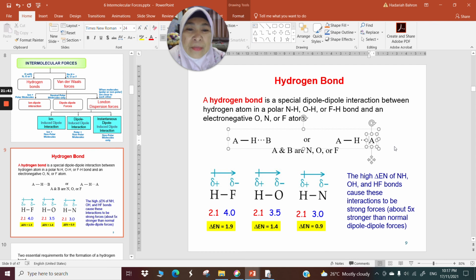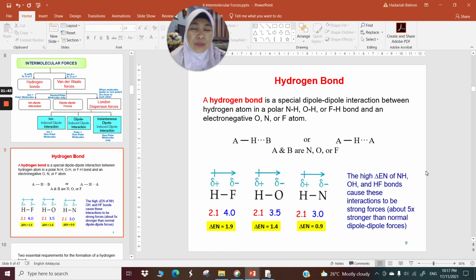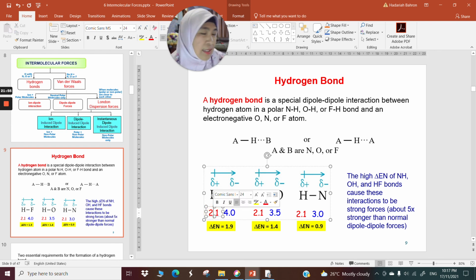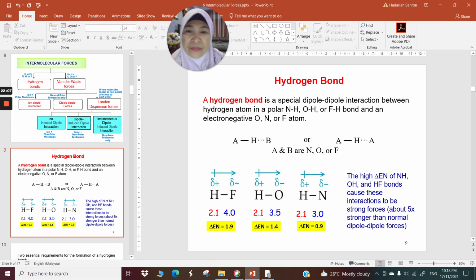If we look at the bond of hydrogen and fluorine, if you recall the Pauling electronegativity value, hydrogen is 2.1, whereas fluorine is 4. The difference in electronegativity is 1.9. It's really quite high, so you definitely know from that value that HF is a polar bond.